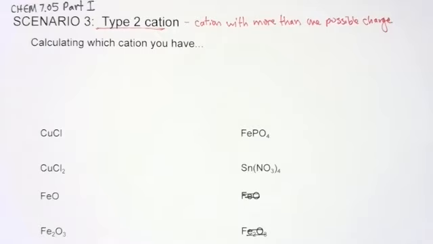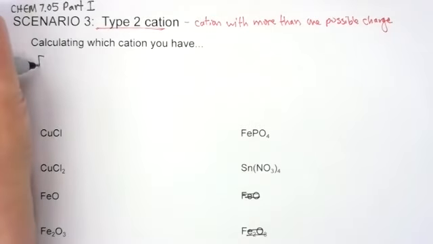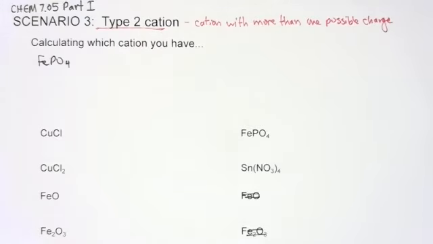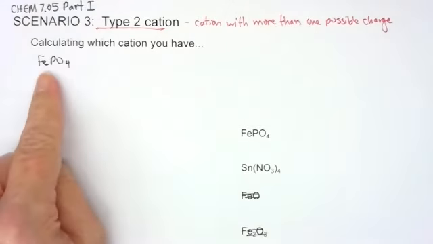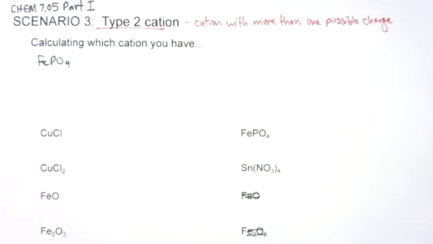So let's look at this first example here, FePO4. If this was a type 1 cation, we would call this iron, and PO4 is a polyatomic, and the name of that is phosphate. But we have 2 irons.